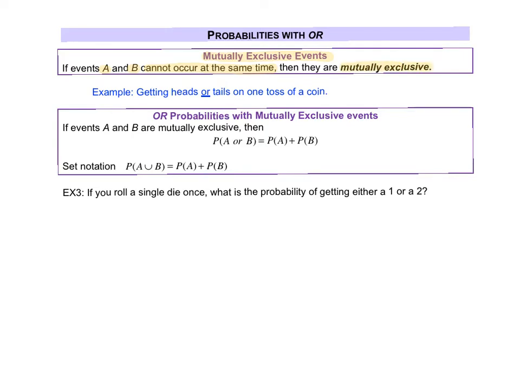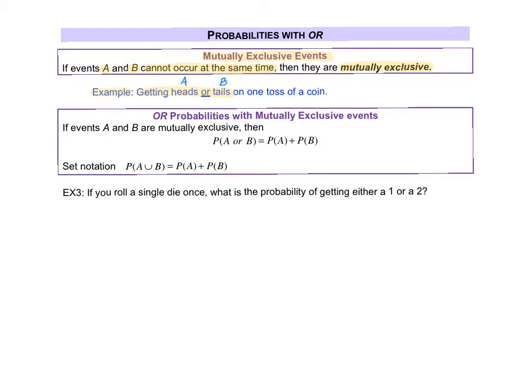For example, let's say that you toss a coin once and you're looking at getting heads or tails on one toss. We could look at getting heads as A, getting tails as event B. Notice that when you toss the coin once, it's impossible for it to land both heads and tails. So since these can't happen at the same time, they exclude each other from happening.